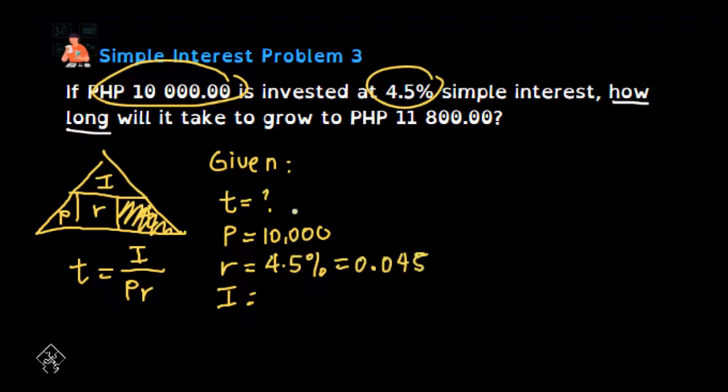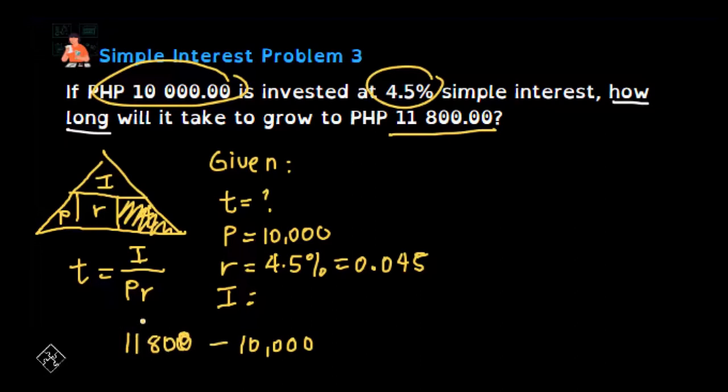Then, ang sabi dito, how long would it take to grow to 11,800? So, the keyword here is to grow. Okay? So, lumaki na siya ng 11,800 pesos. Okay? So, hindi yan ang interest natin. Ang interest natin, kapag sinubtract natin sa 11,800 pesos, minus the 10,000 pesos. Bakit? Ano ba itong 11,800?